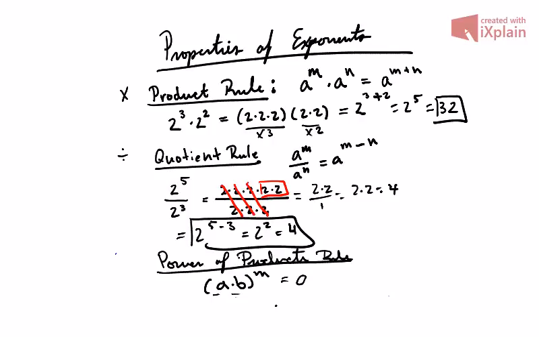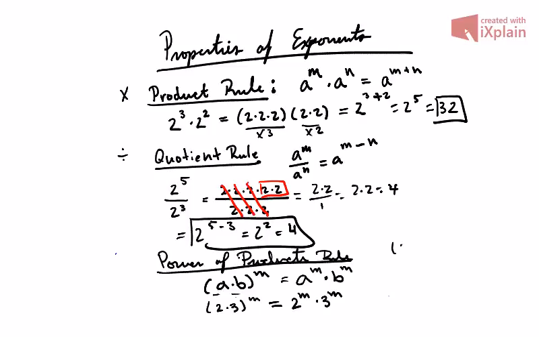Okay, so this becomes A to the m times B to the m. M gets distributed to both numbers. So for example, if I have 2 times 3 taken to the m power, this becomes 2 to the m power times 3 to the m power.